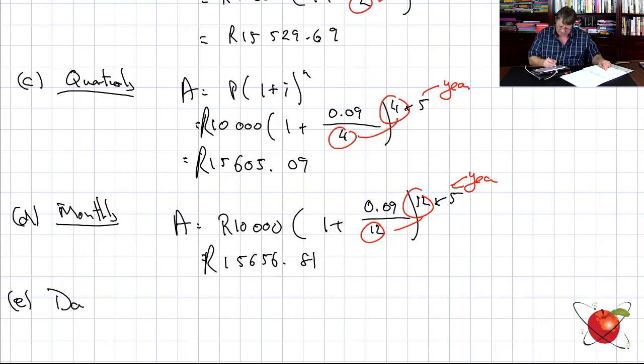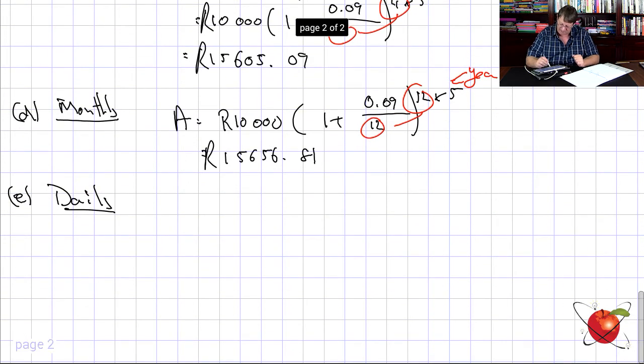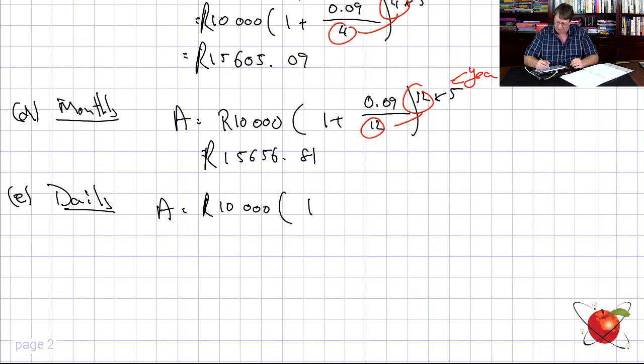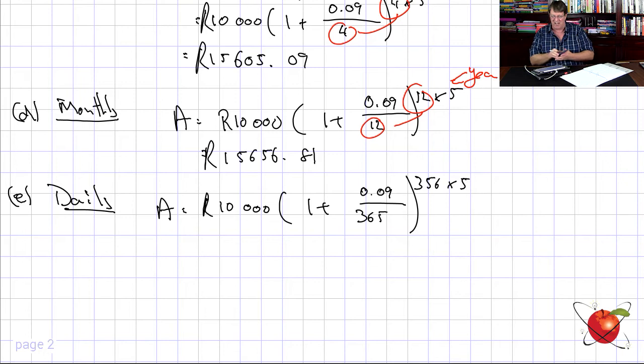Last one, the daily interest rate. All right, here we are now saying daily, and I'm just going to do it straight off. 1 plus nominal rate is 0.09, isn't it? 365 times. That's 365 times for 5 years. So how many times am I actually adding interest?